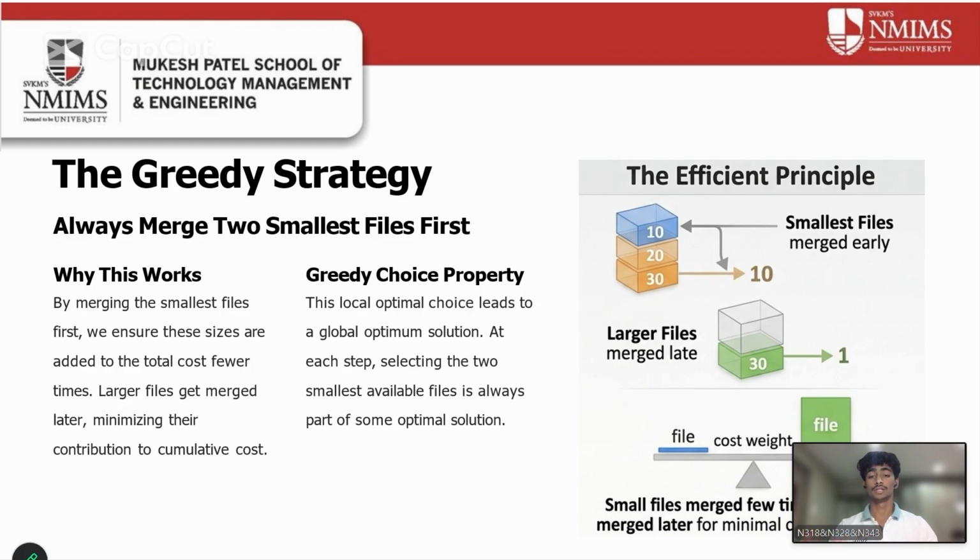As we have seen in the examples above, when we merge the files in the wrong order, the total cost we get is much higher than when we merge the files in the correct order, and we have seen how the greedy strategy works.